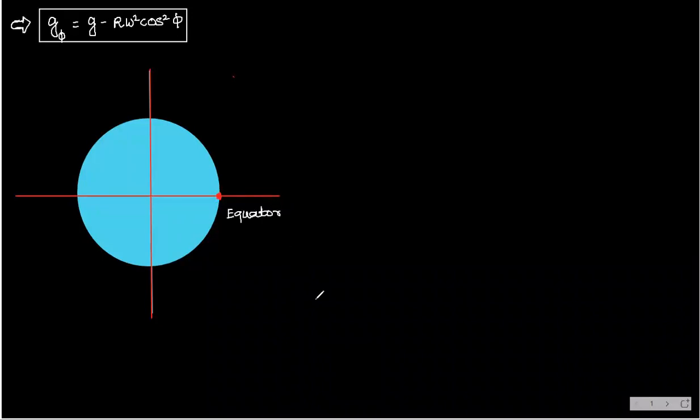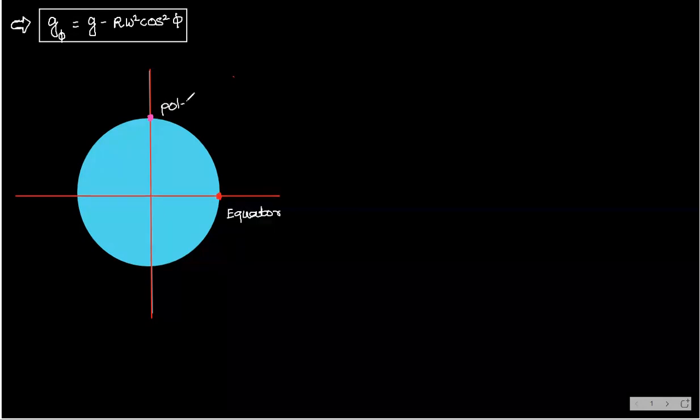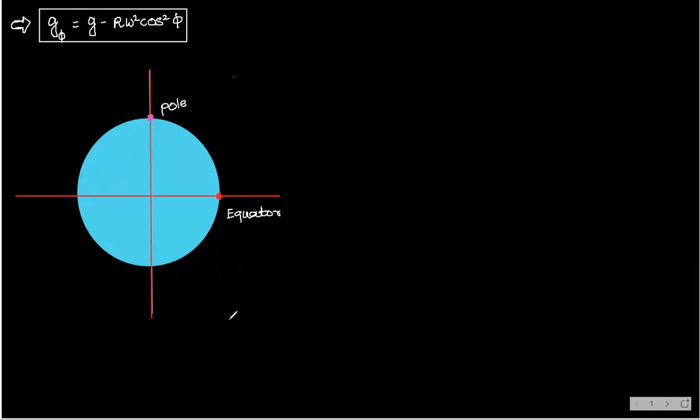And if I am taking one point here, this point is on the poles. Now see, if I am drawing one line like this, what will be the angle phi here?